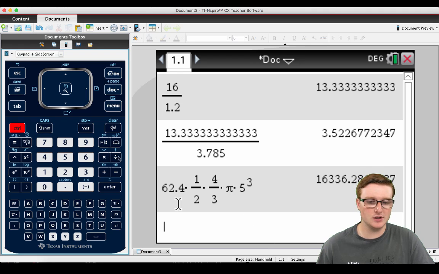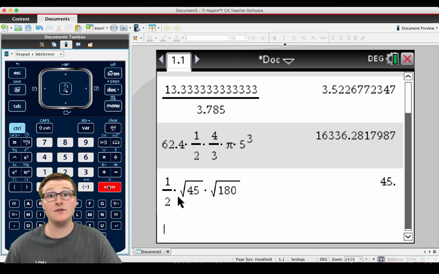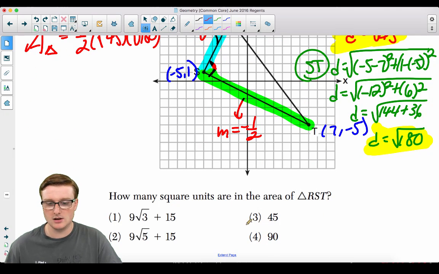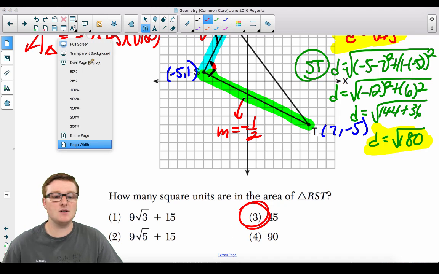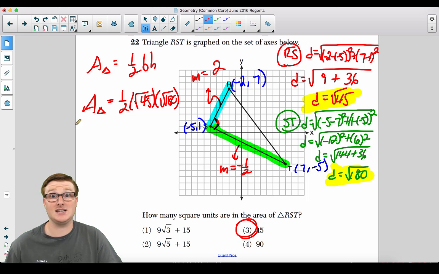I'm going to go to control division. 1/2 times radical 45 times radical 180. And you get an answer of 45 square units. So that is going to be choice 3. That is the amount of area or square units that is in the area of triangle RST.